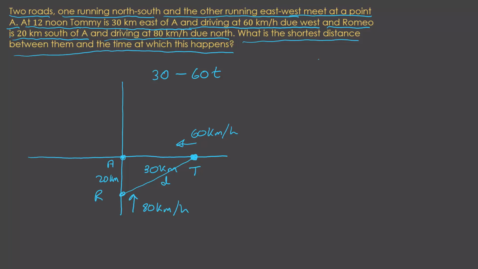So if we look at that triangle, where this is A, this is T, and this is R, this side would be 30 take away 60t.